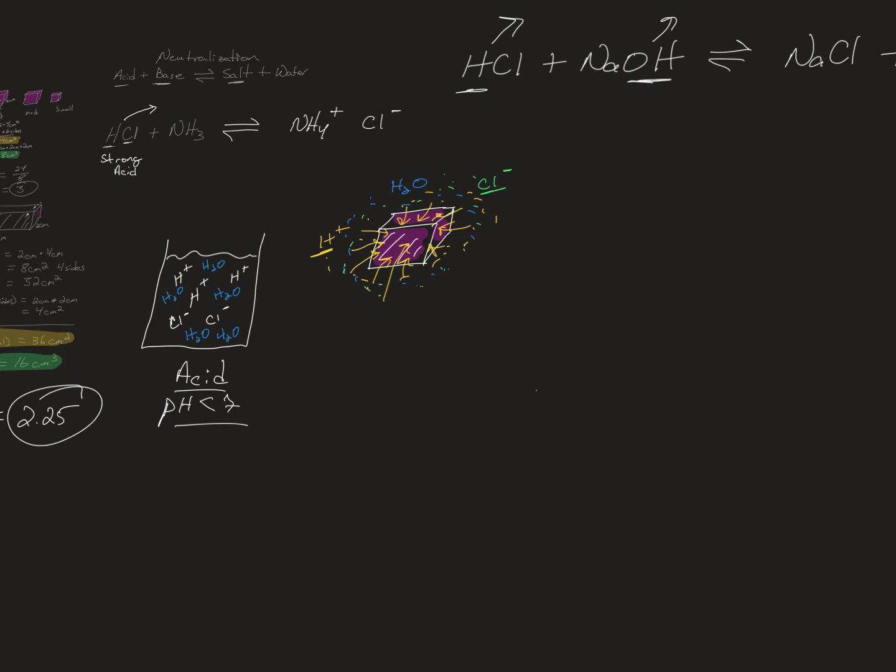Since you're using one stopwatch for all 3, once the cube becomes clear, you write down that time. When the next one becomes clear, you write down that time. When the last one becomes clear, you write down that time. So you have a small, medium, and large. That's it. And then your lab write-up is explaining what you saw in your own words. All right, I'm going to go on. Let's start the lab.